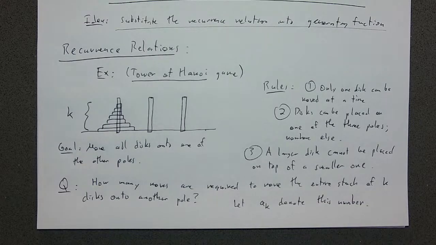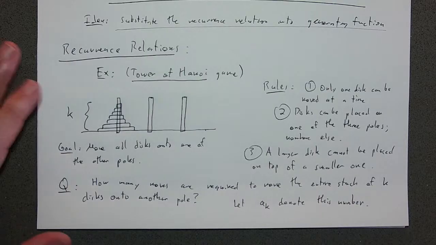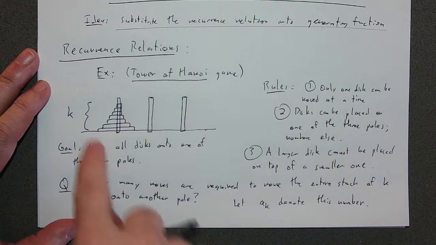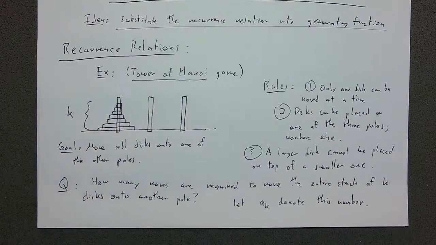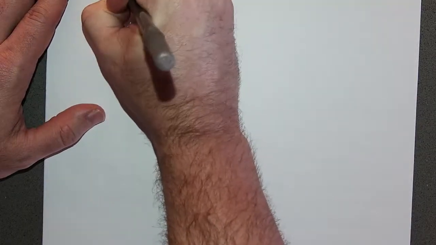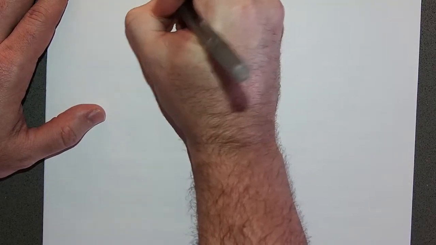So, if I have a stack of one disk, moving it onto another pole can be done in a single move. So, A sub 1 is clearly equal to 1.